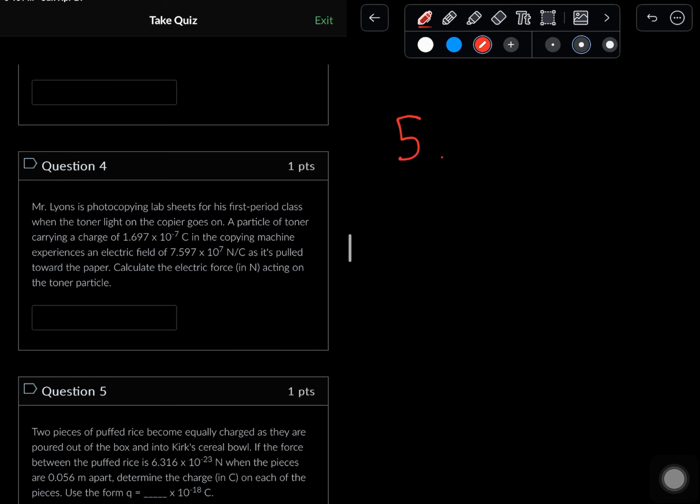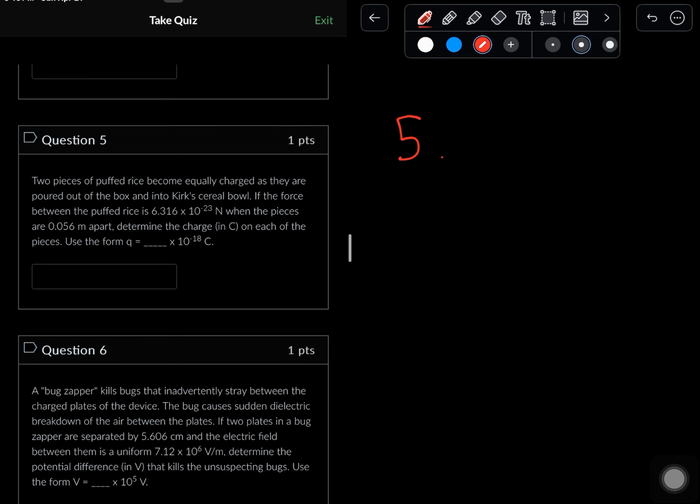Question number 5. Question number 5 states that two pieces of puffed rice are present, and you know the force, you know the distance, and you are asked to find the charge. Both pieces of rice have the same charge.